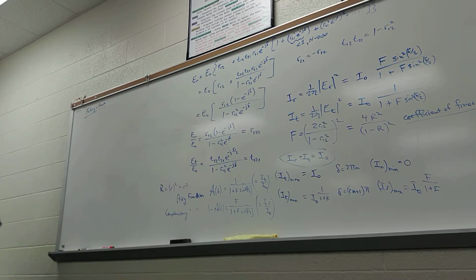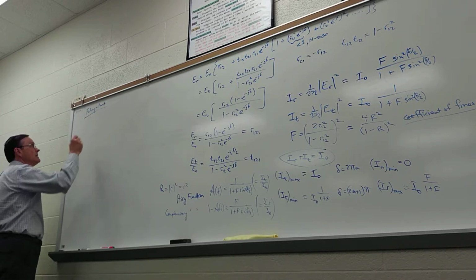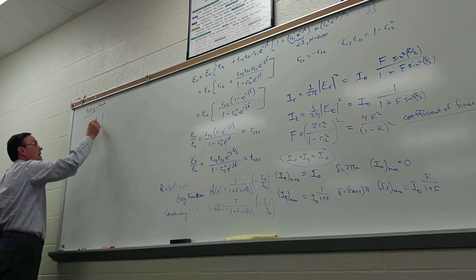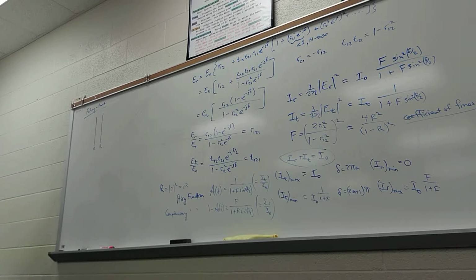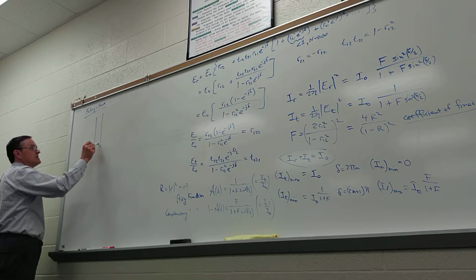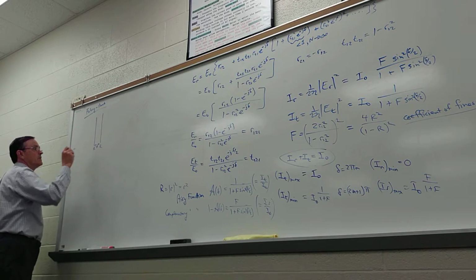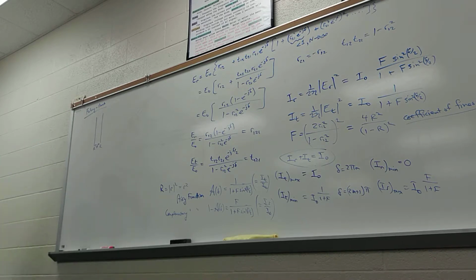Fabry-Perot cavity, Fabry-Perot interferometer, there are different names. But basically, a Fabry-Perot is just a pair of parallel reflecting surfaces separated by some distance d, filled with some refractive index, whatever it is. Could be air, could be anything. So a Fabry-Perot is always that.